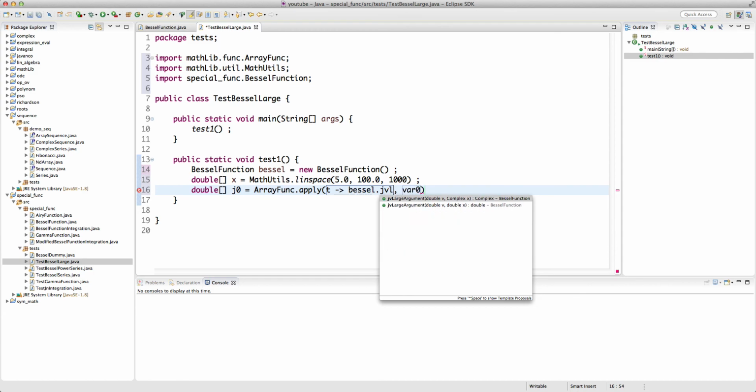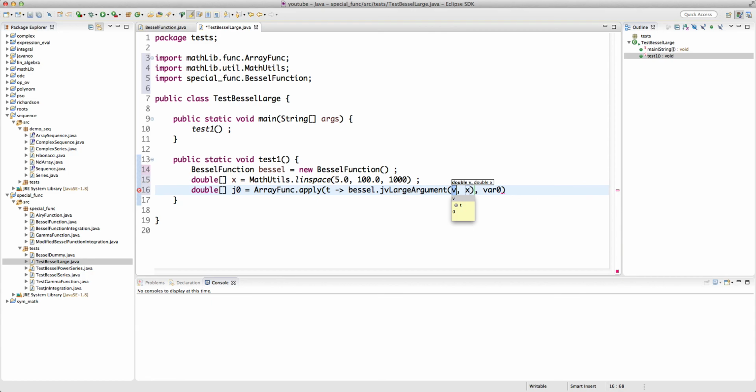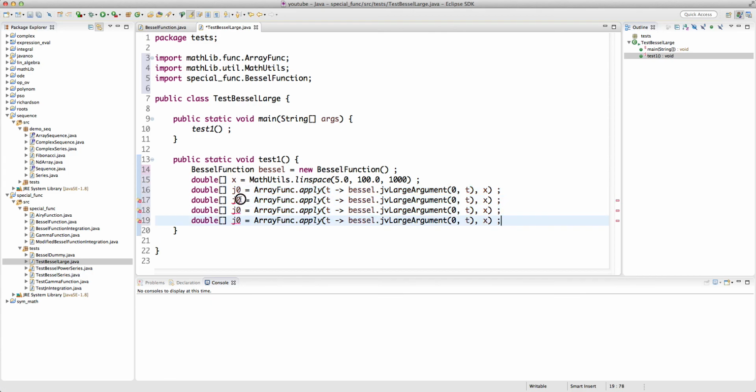We're just looking at the large argument with real numbers, so 0 and t, and then we apply the x array to it. All right, and similarly j1, j2, j3. Then we plot them.